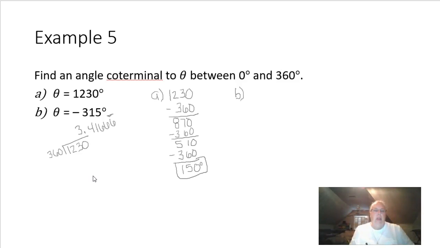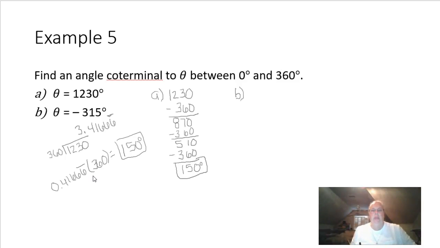If I take the decimal 0.416666 and multiply that by 360 degrees in my calculator, that is going to give me 150 degrees. And so this is another way that we could have gotten a coterminal angle for 1,230 degrees.